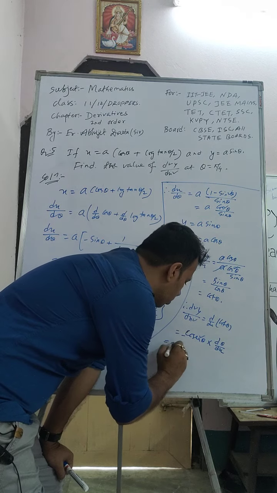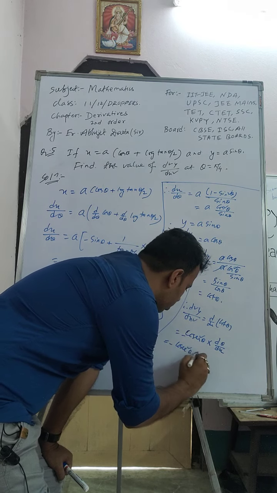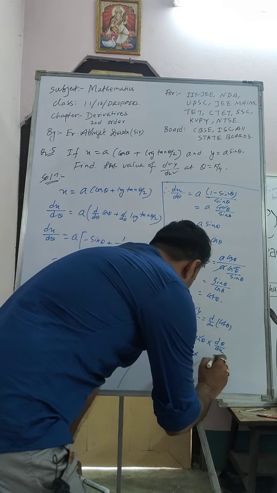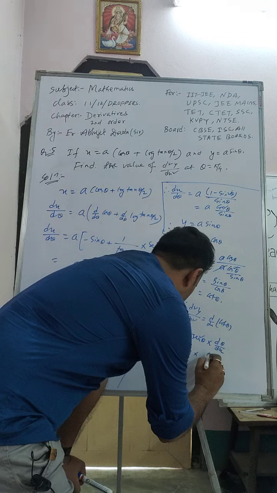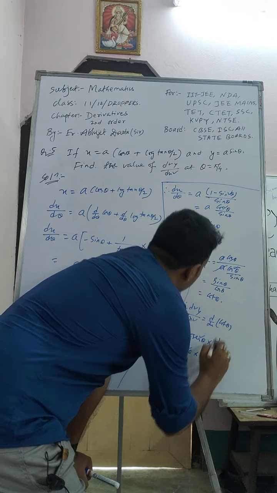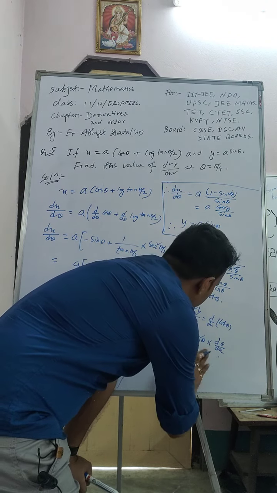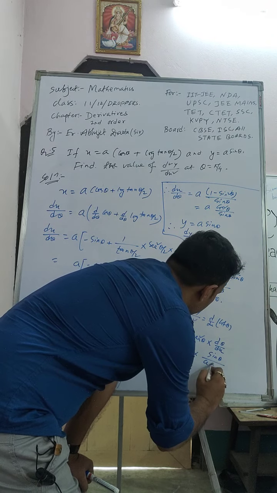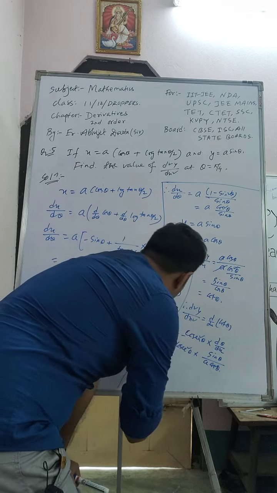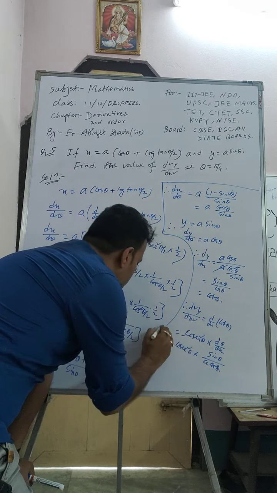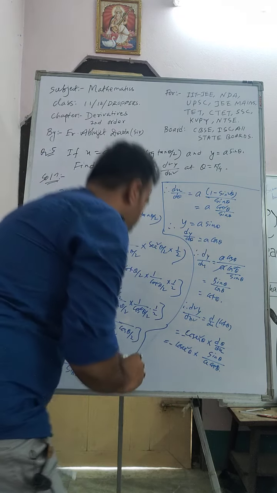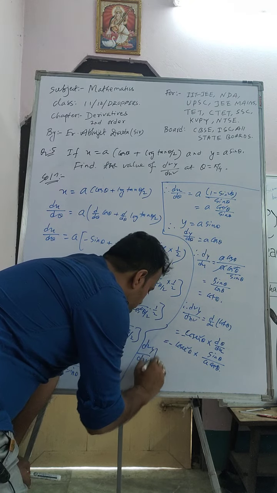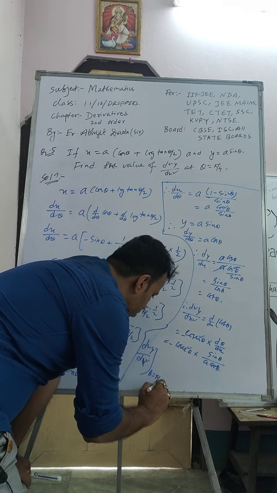Okay, so d theta by dx is what? d theta by dx is the reciprocal of this one, sin theta by a cos square theta. Okay, now put the value of theta. Now put the value of theta, how much? pi by 4. So d square y by dx square at theta equal to pi by 4, right?